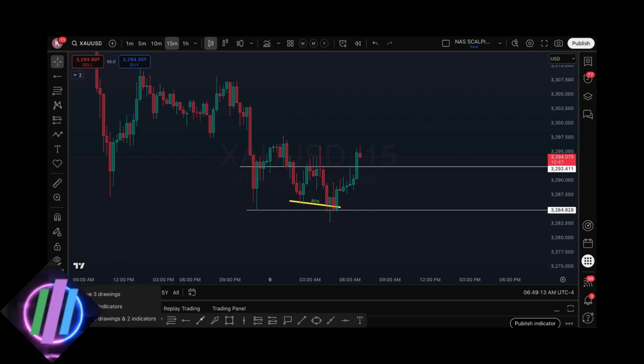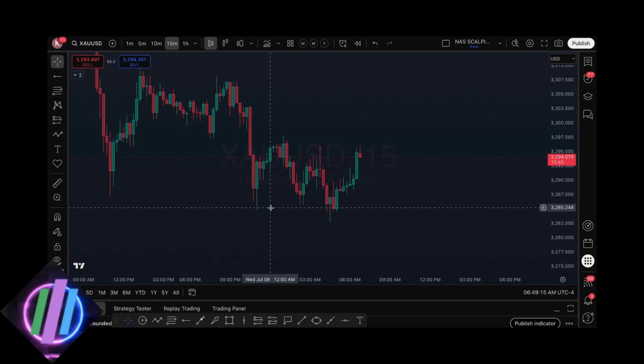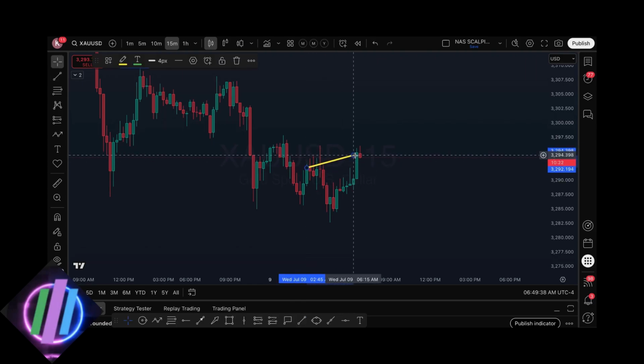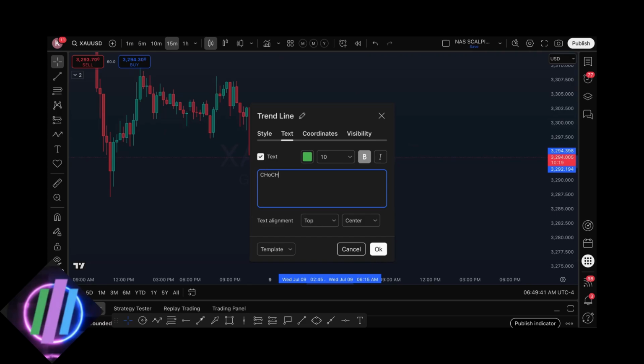What does that mean? That means that no, bulls, there's no confirmation that this is a bullish micro trend, but it may be confirmation that there is a change of character and bulls are starting to step in. So from here to this break, we had a change of character.